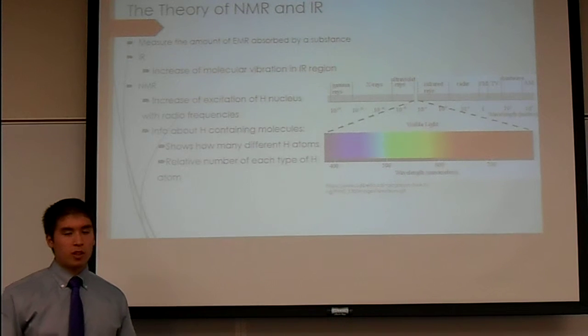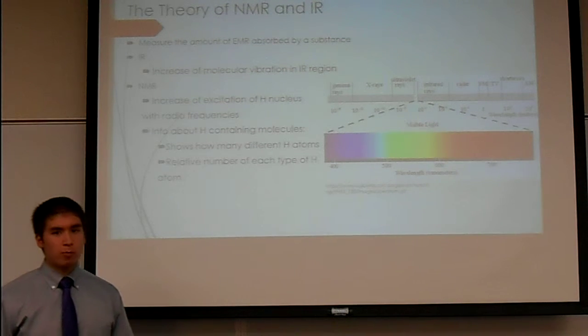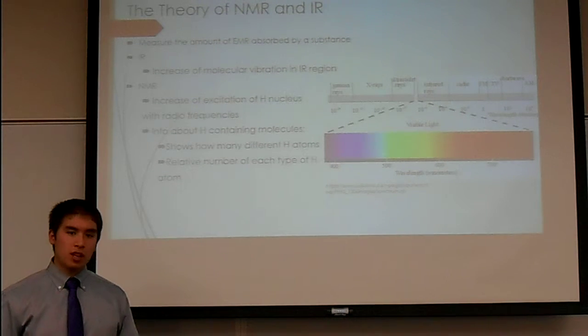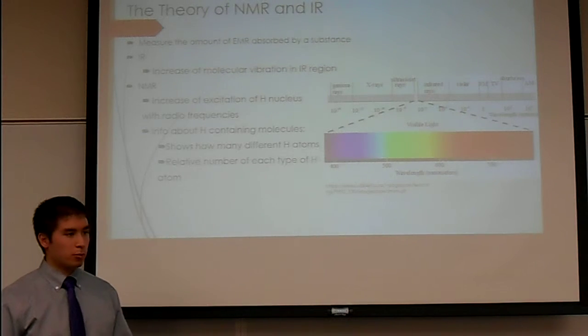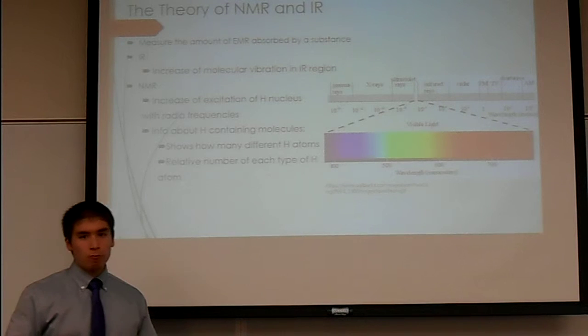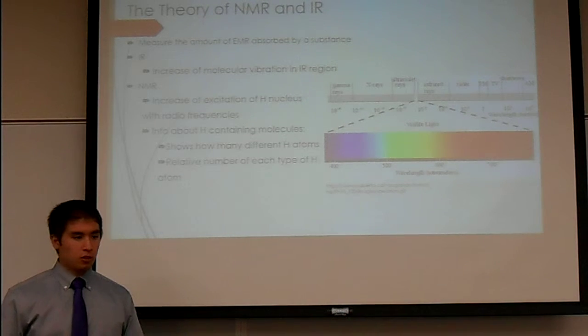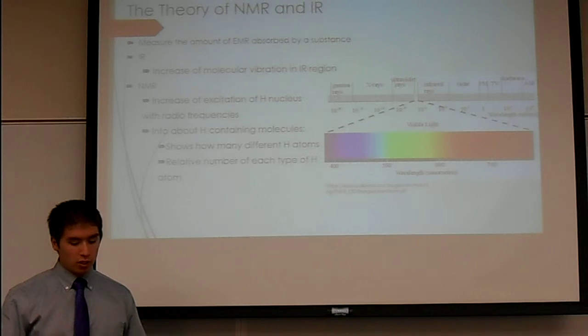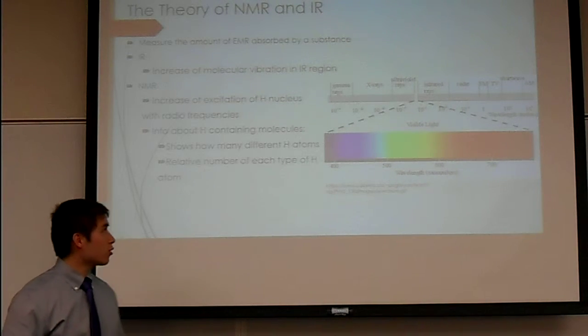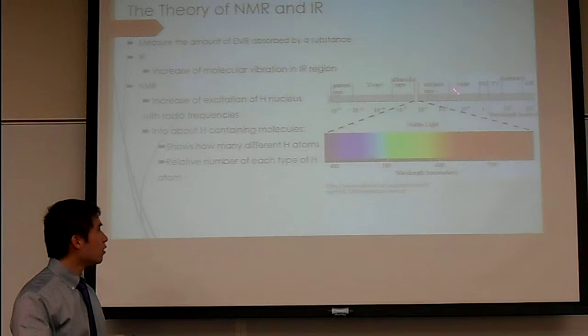So I used NMR, which is nuclear magnetic resonance spectroscopy, and IR, which is infrared spectroscopy, to identify this substance. Now, IR is used when there's an increase in vibration of molecules at the infrared spectrum, which is seen here.